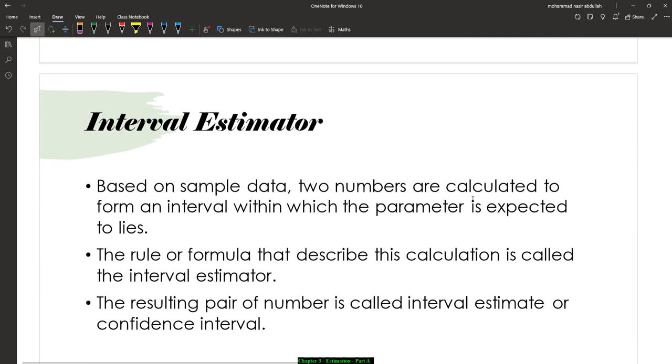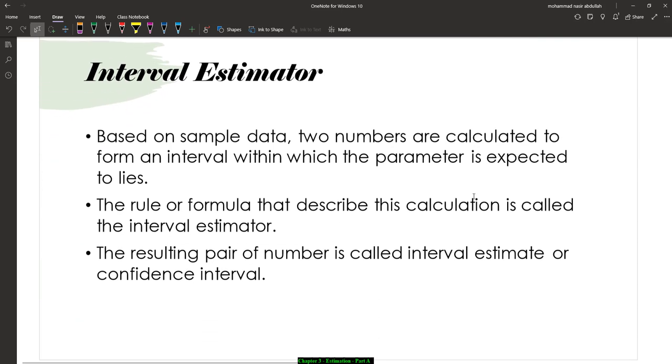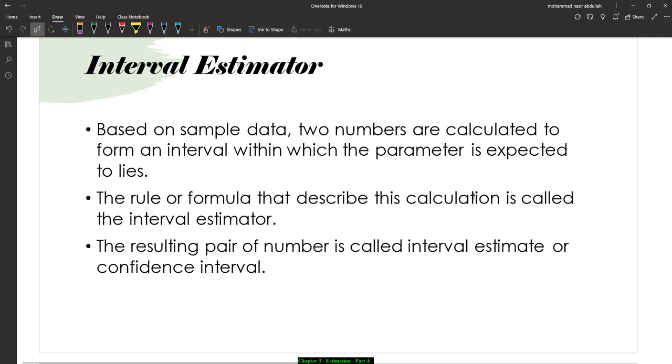Now we'll look at interval estimation. The definition of interval estimation is based on the sample data. You need to remember, when we do estimation, it is based on statistical sample data. We have two numbers calculated to form an interval within which the parameter is expected to lie. Let's say we have a lower confidence limit and an upper confidence limit, so there are two values.